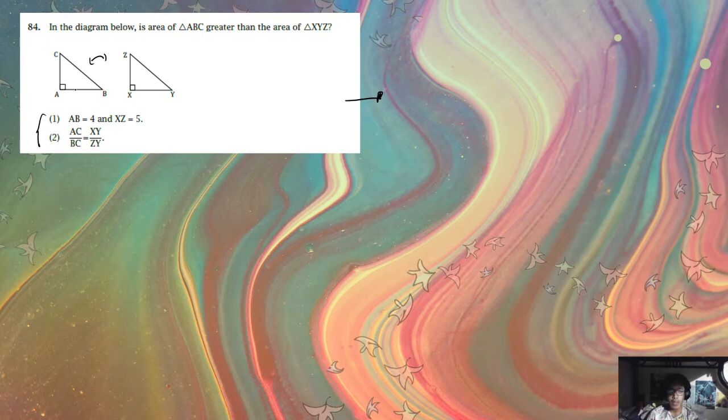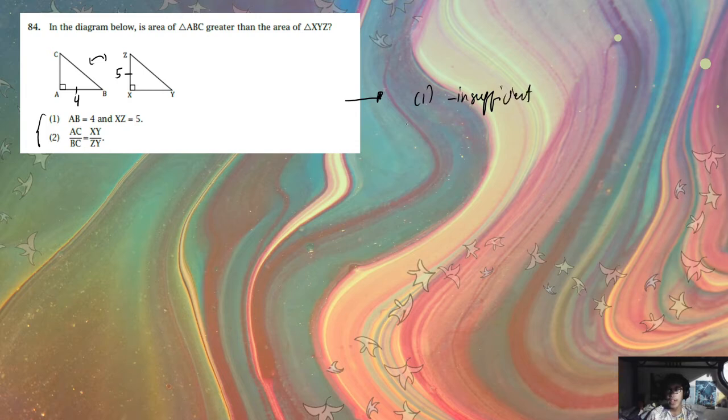We have AB is equal to 4 and XZ is equal to 5. Now, those are good values as givens, but on their own, they won't really build a good argument. So if we're only going to use number 1 as our evidence, it would be insufficient.